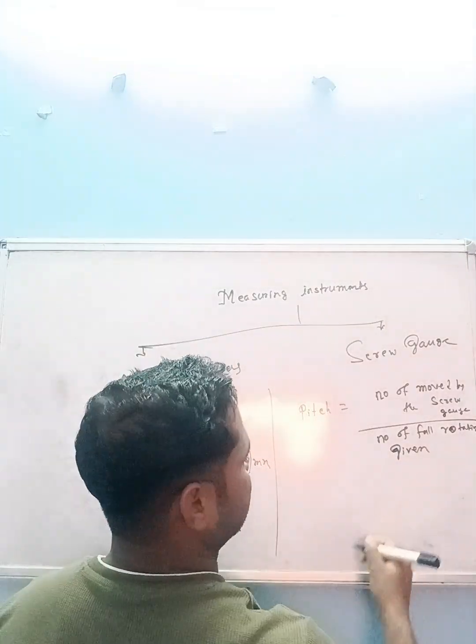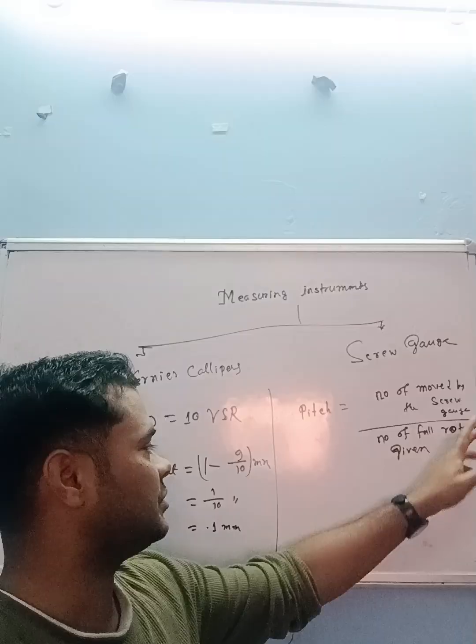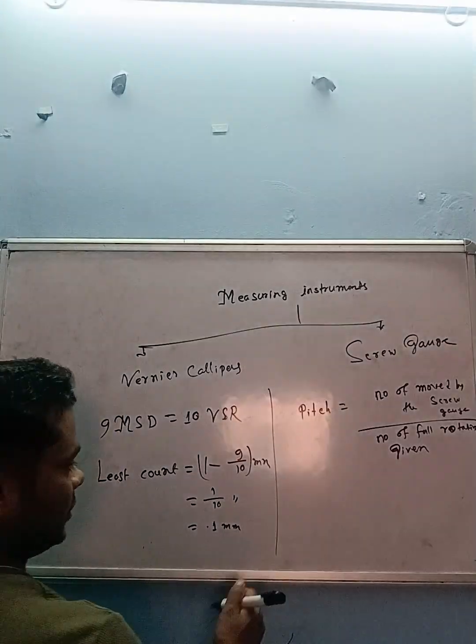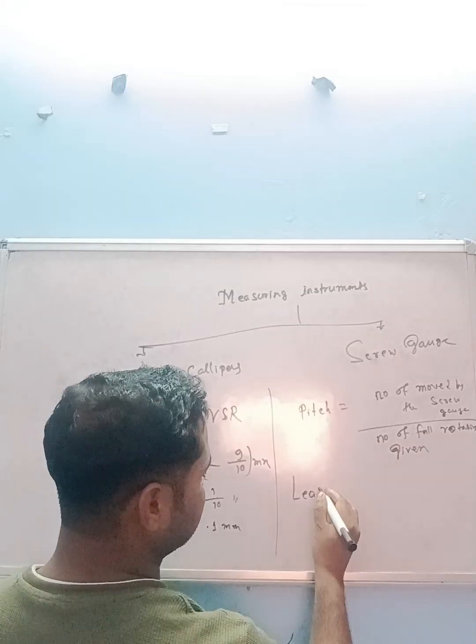Okay, so you can write the pitch equal to number of division moved by the screw gauge and number of full rotation given. Okay, next least count of the screw gauge.